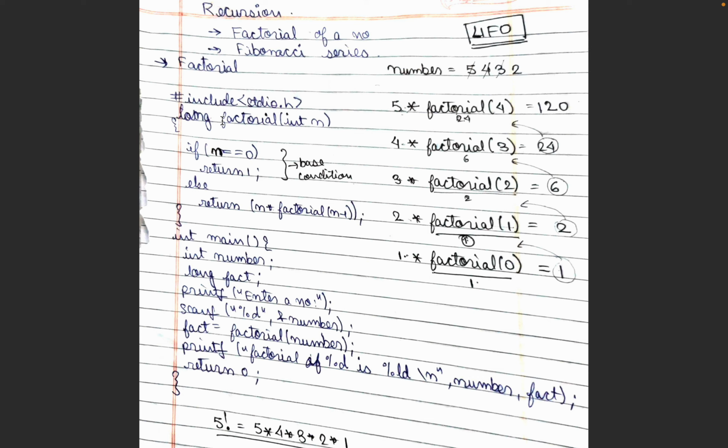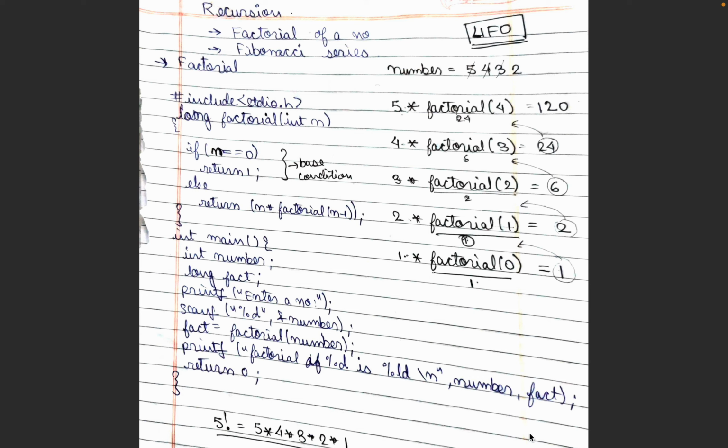Recursion is basically a function that calls itself repeatedly until some base condition is satisfied. If the base condition is not there, this will continue: 4 till 0, and then again it will become minus 1, minus 2, minus 3, minus 4.